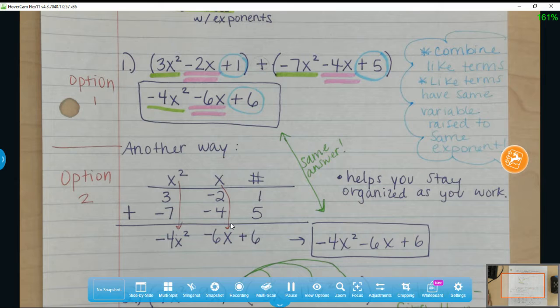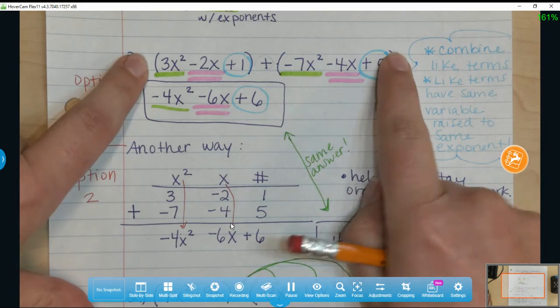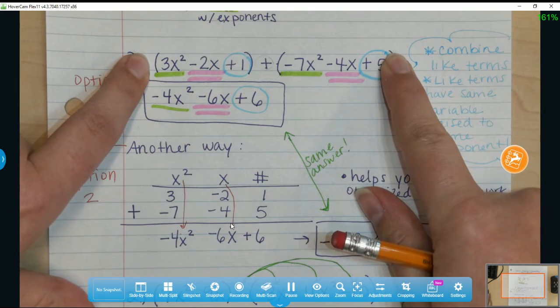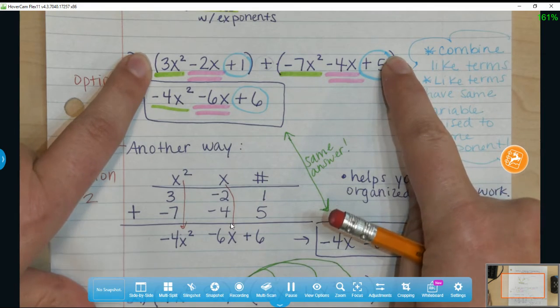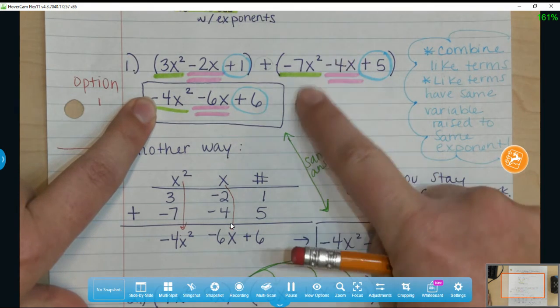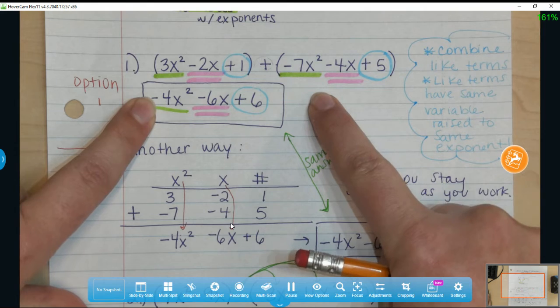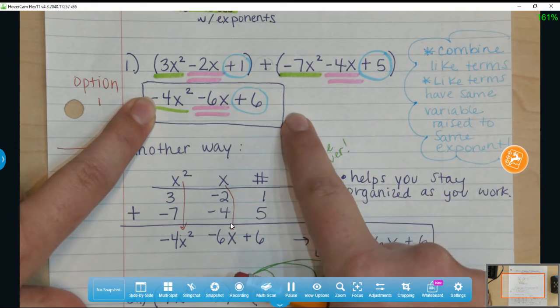And so I wanted to present you with another option today for how to solve one of these simplify problems or find the equivalent expression problems, because this is equivalent to this. It's just a rewrite. Okay, it's us simplifying. Instead of having all of these terms separately written this way, we've combined them. So these two things are completely equal to one another. It's just another way of writing it.